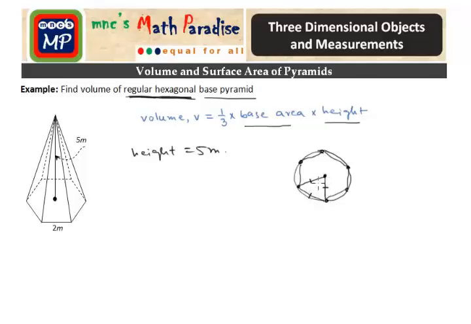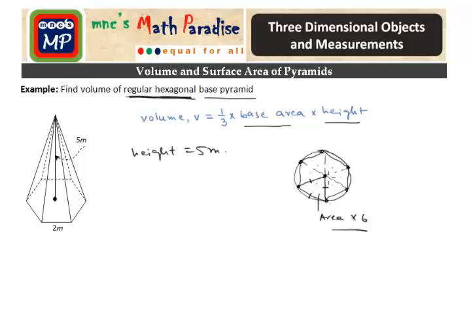Each of the triangles is equilateral, and because there are 6 edges, all these 6 triangles' areas are the same. So if we just find the area of this one and multiply by 6, we will find the total hexagon's area.